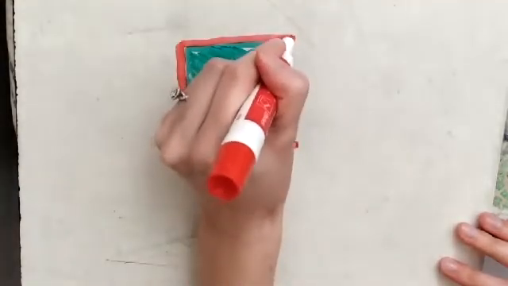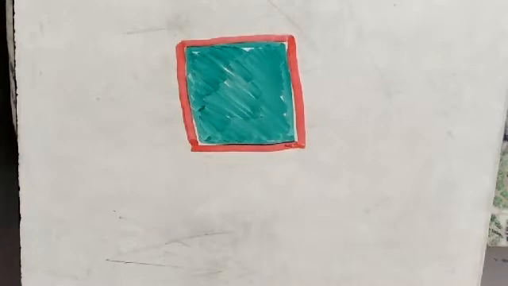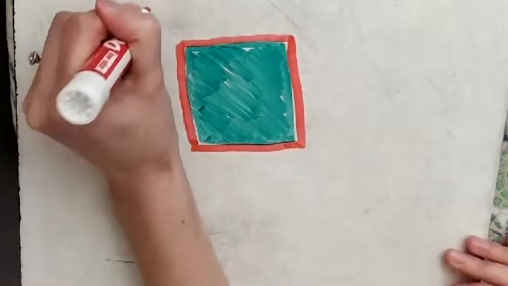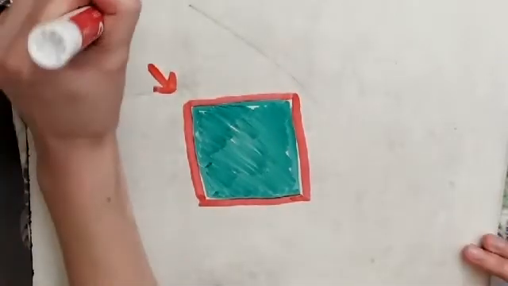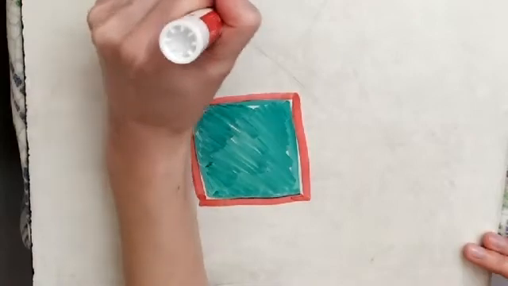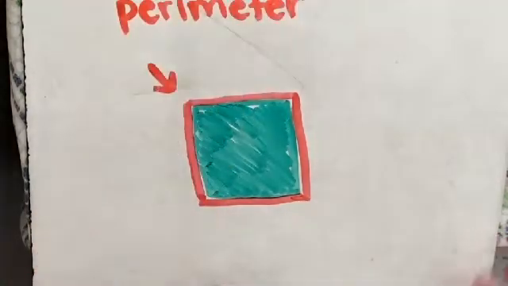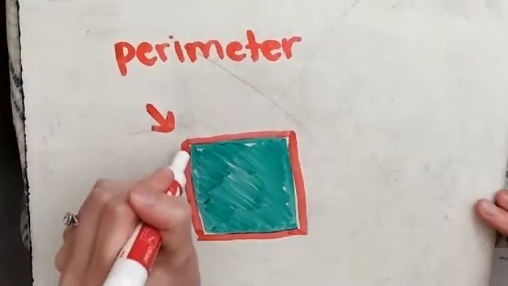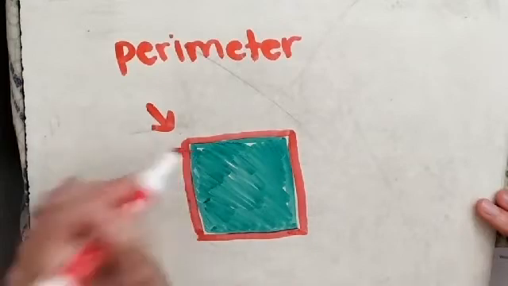Now, you may have heard the word perimeter before. Perimeter is the outside of a shape. So that's the red part. It's the lines that make up the edges of the shape, the sides. So to find the perimeter of this shape, we would measure the sides and add up the lengths.